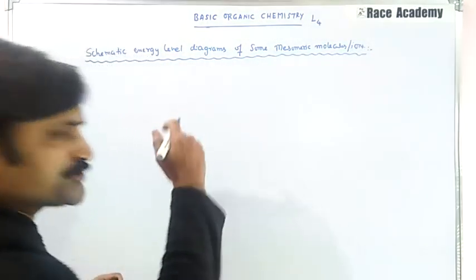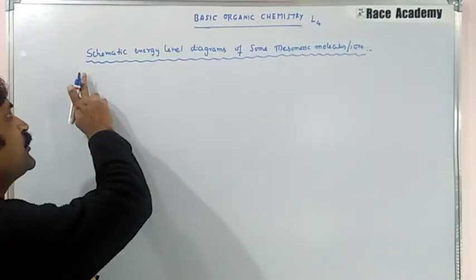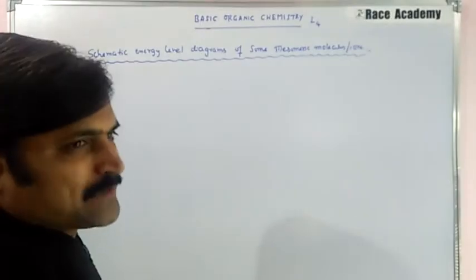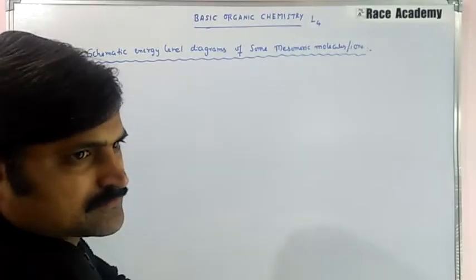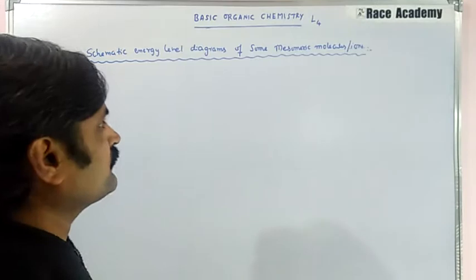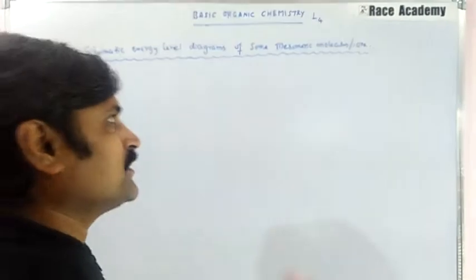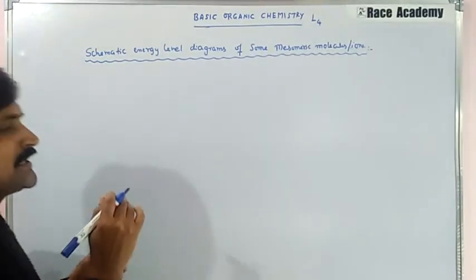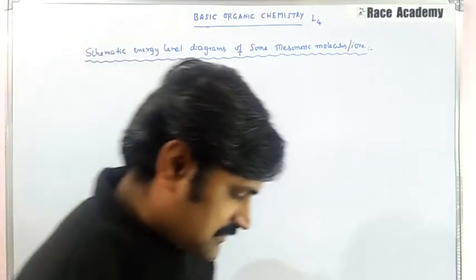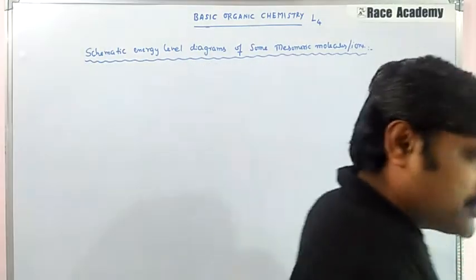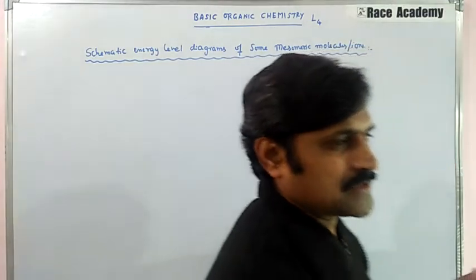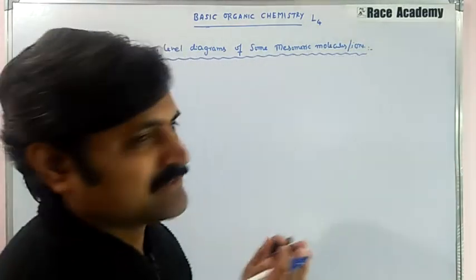Continuing from that, today I am going to write the schematic energy level diagrams of some mesomeric molecules or ions. That means here also we will see some resonating structures and energy-based stability. We will write some resonating structures and say that a structure is stable because of its mesomeric energy levels.